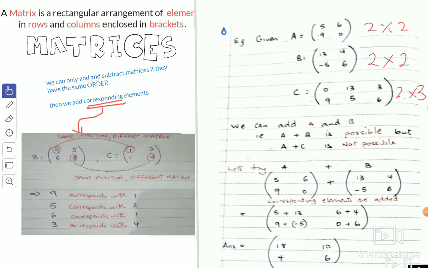So that is why I wrote we can add A and B. A plus B is possible, but A plus C is not possible. So let's actually try adding matrices A and B.